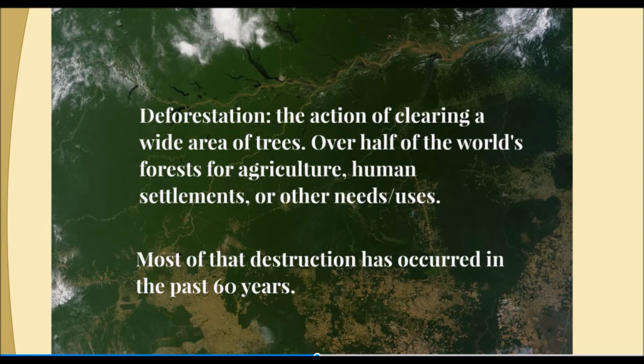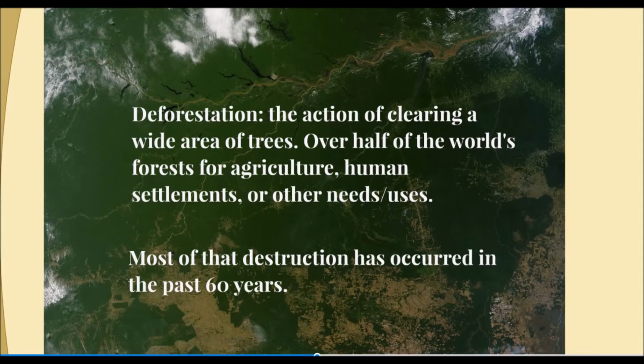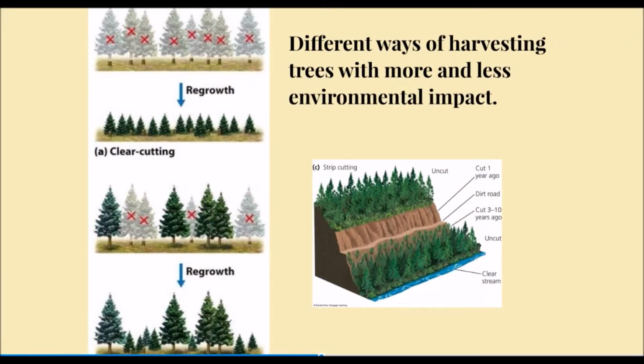So we're using more and more resources, and mainly that reason is because we have more and more people. We are expanding the human population at exponential growth, and with that becomes a need for more and more resources, especially for more lumber, fuel, and those kind of things.